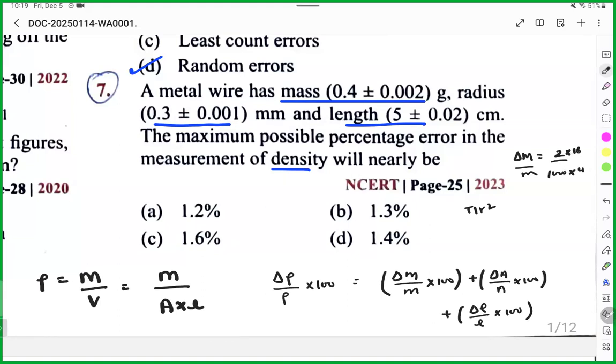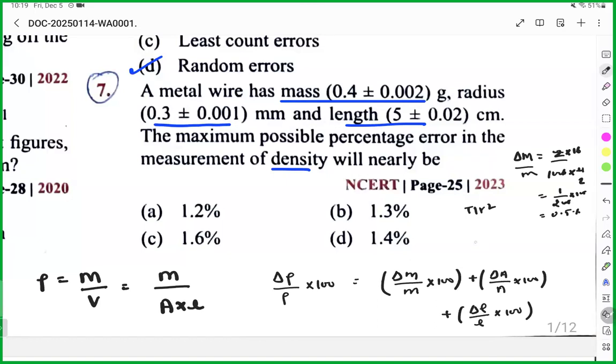So you can take this and it will be 1 by 200. In percentage, if you multiply by 100, it is 0.5%, right? 0.5%.